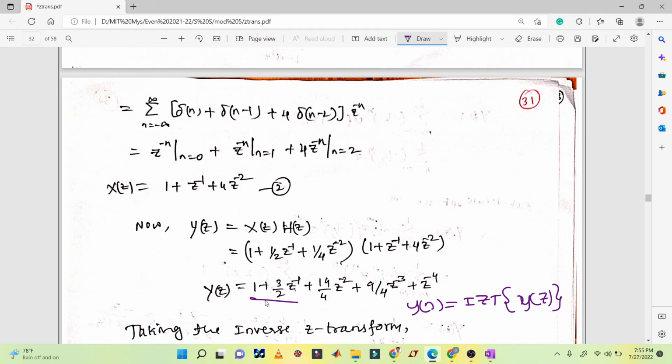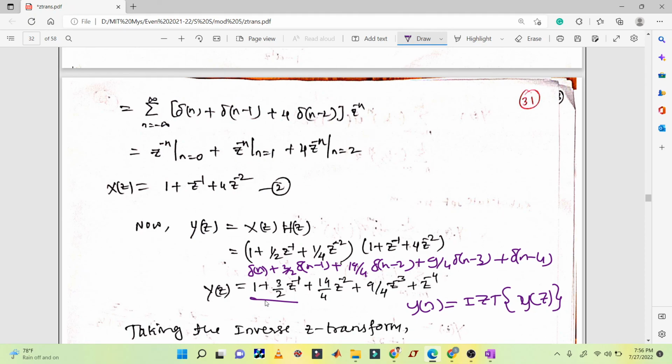Inverse z transform, if I take 1, it is delta n. 3 by 2 z inverse means plus 3 by 2 delta n minus 1. 19 by 4 z inverse square means plus 19 by 4 delta n minus 2, plus 9 by 4 delta n minus 3 plus delta n minus 4. So this is the answer.